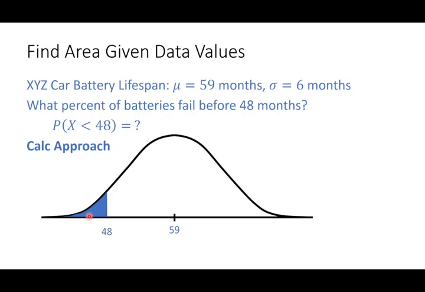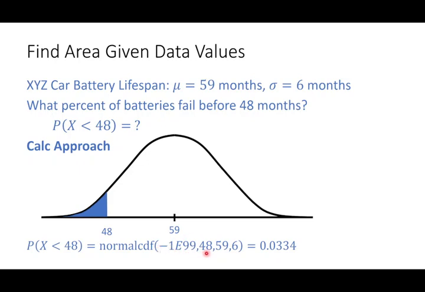And with a calculator, it's pretty easy once you get this far. We're just going to use the normal CDF, normal cumulative density function, which is just a fancy way of saying we're adding up all of the area between whatever left point and right point you put in. For the left point, we're putting in negative infinity, which does not exist on the calculator, so we're using just a gigantic negative number in its place.